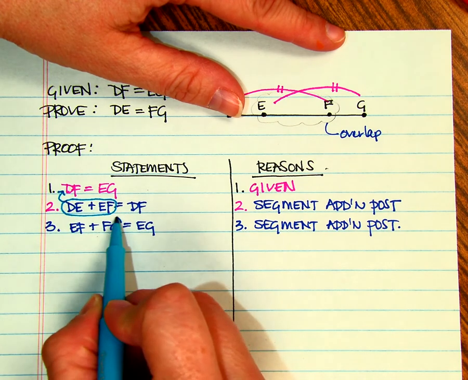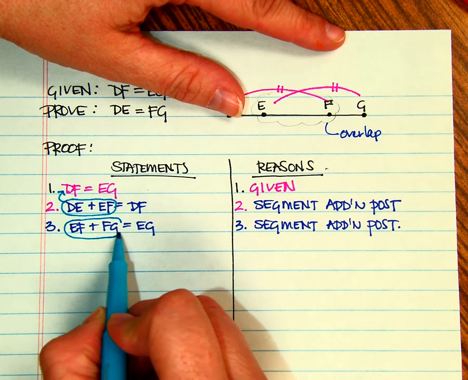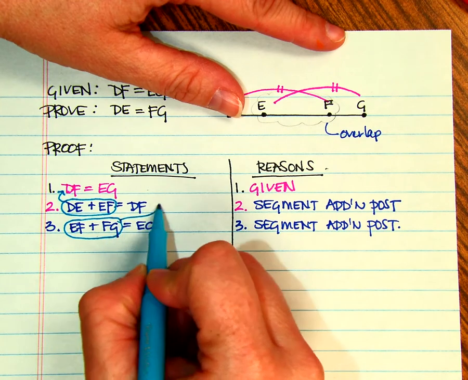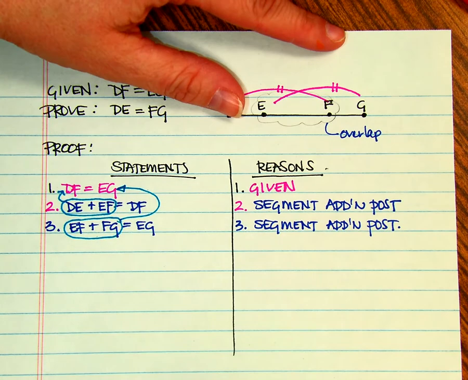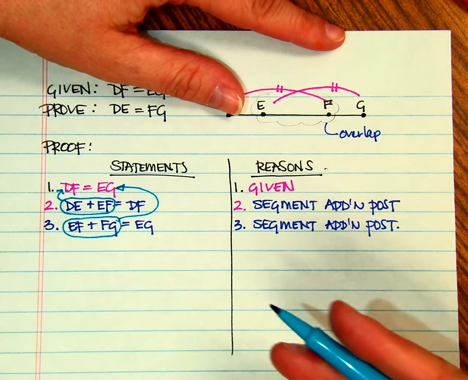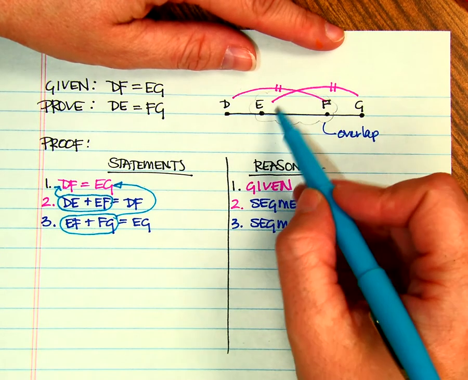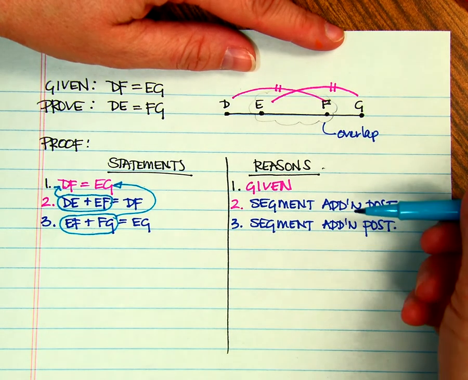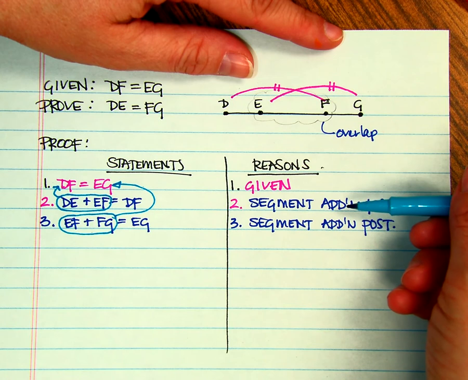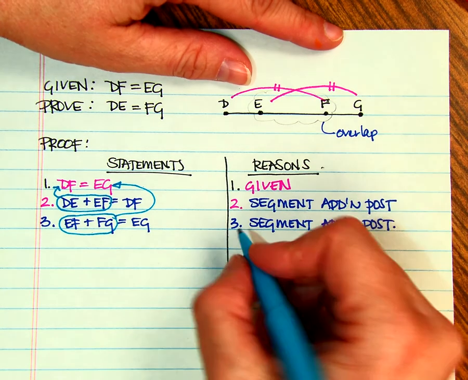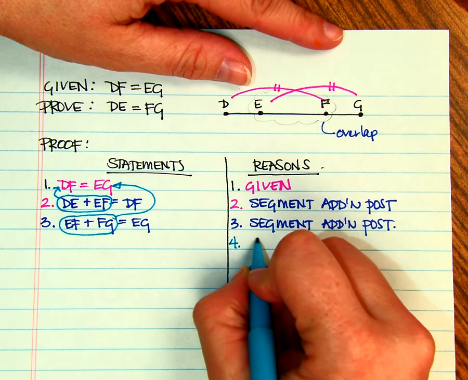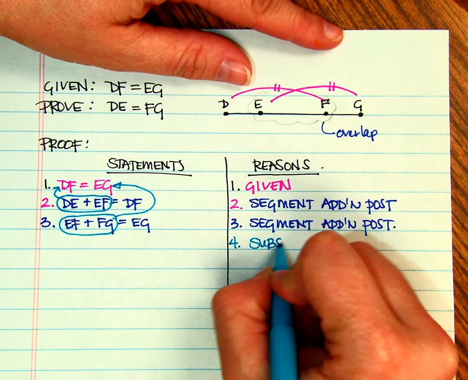And I can take all of this and substitute it in for EG. Again, about 99% of the time, if you have more than one segment in your diagram, you're probably going to use the segment addition, and then you're going to follow it with substitution.